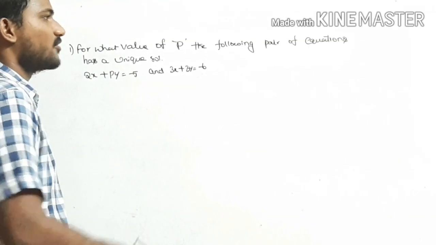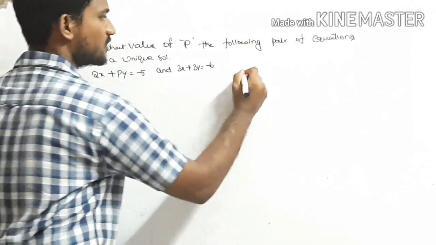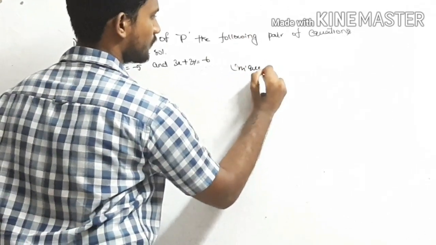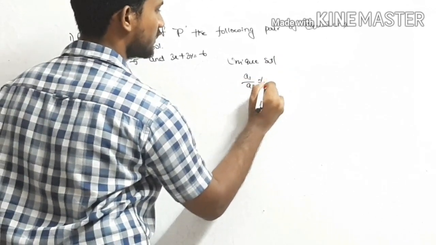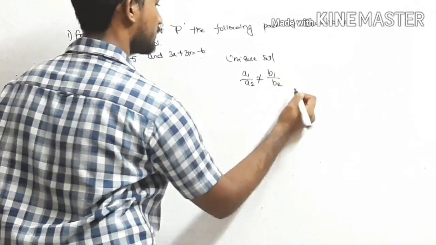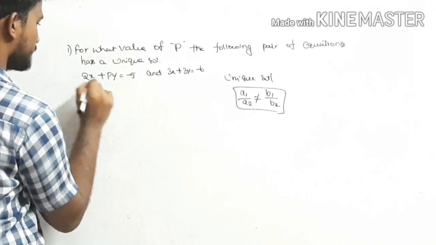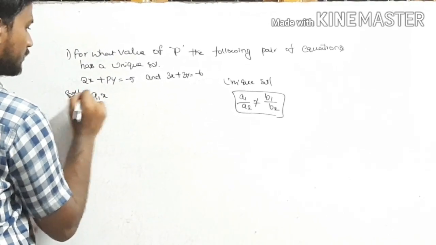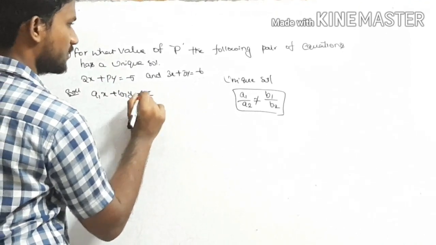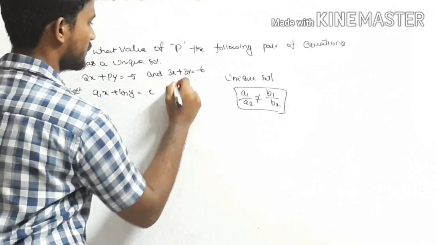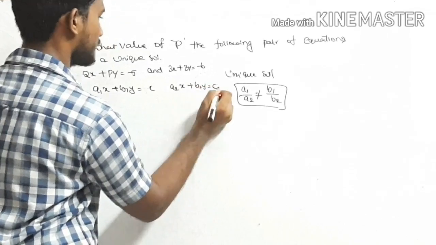For what values of p does the following pair of equations have a unique solution? Then we can do it for the unique solution. The formula is a1 by a2 is not equal to b1 by b2. Here the equations are in the form a1x plus b1y equals c, and a2x plus b2y equals c.